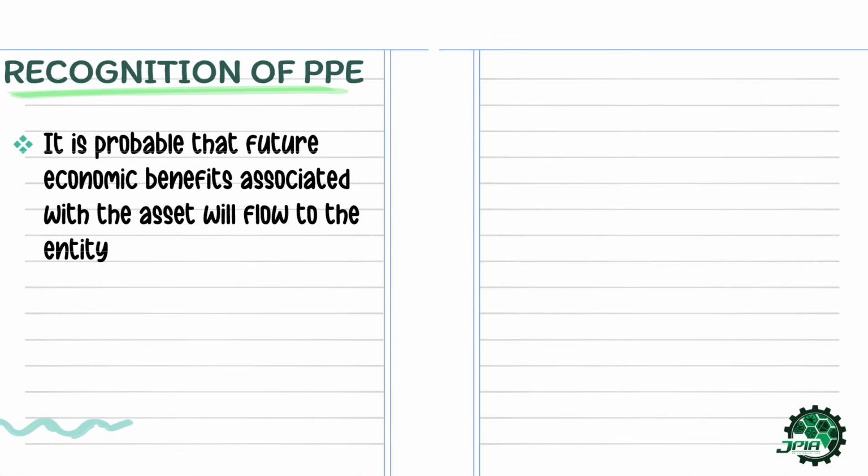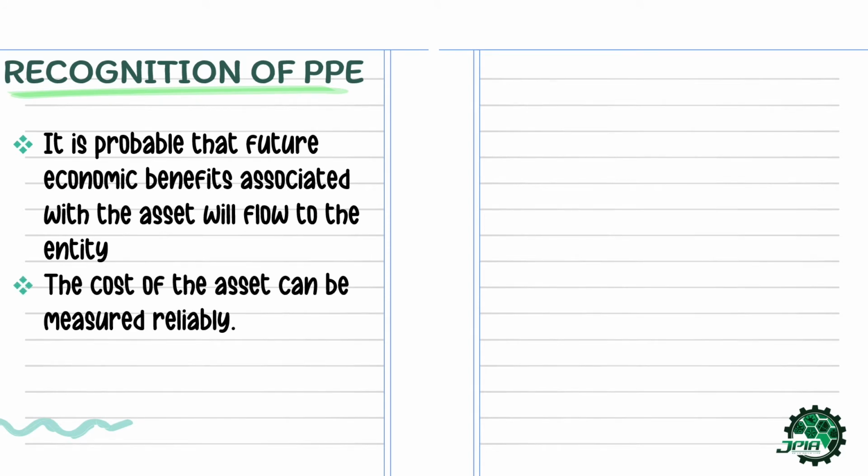Like other assets, PPEs are recognized if and only if it is probable that there is a benefit that we will get from it and the cost of the asset can be known reliably. Okay? It is probable that there are benefits and the cost can be known reliably.